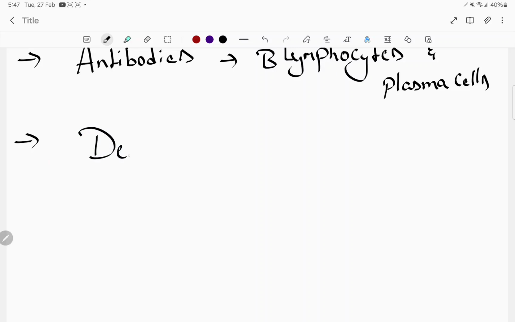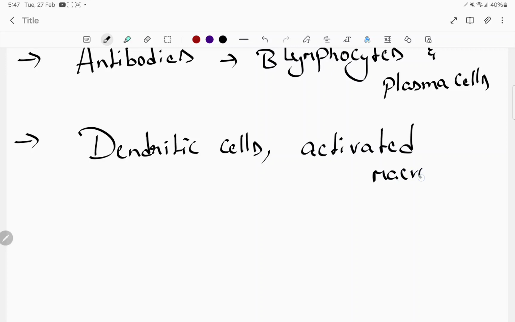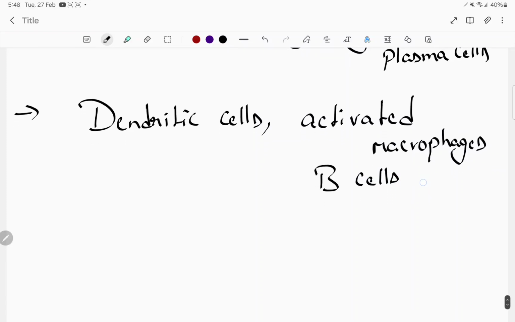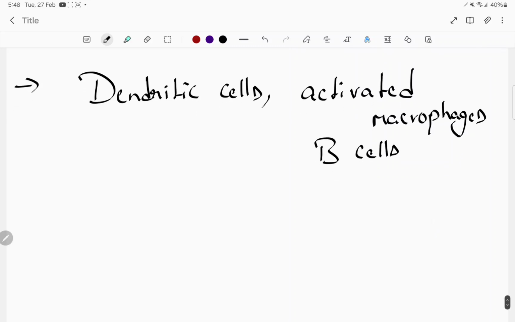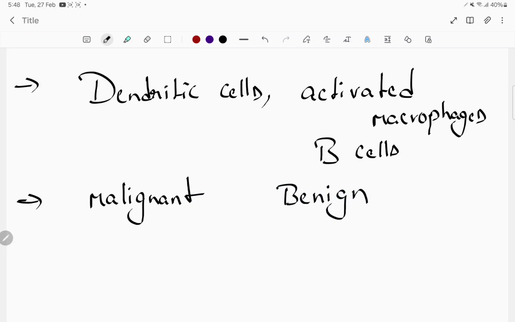Antigen presenting cells are dendritic cells, activated macrophages, and B cells. Next, difference between malignant and benign tumors.